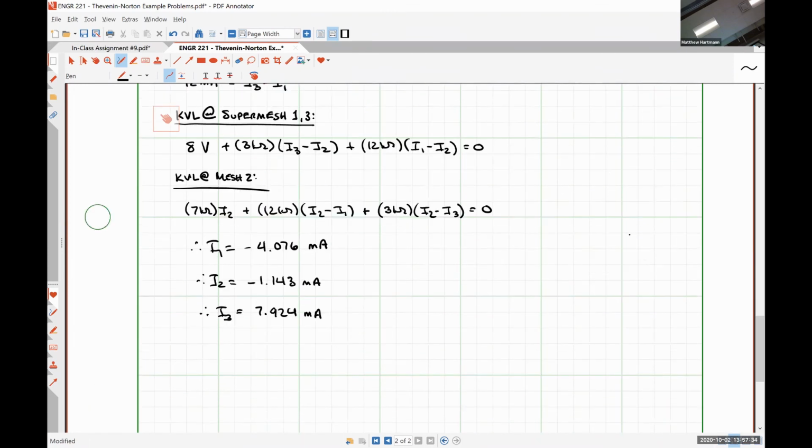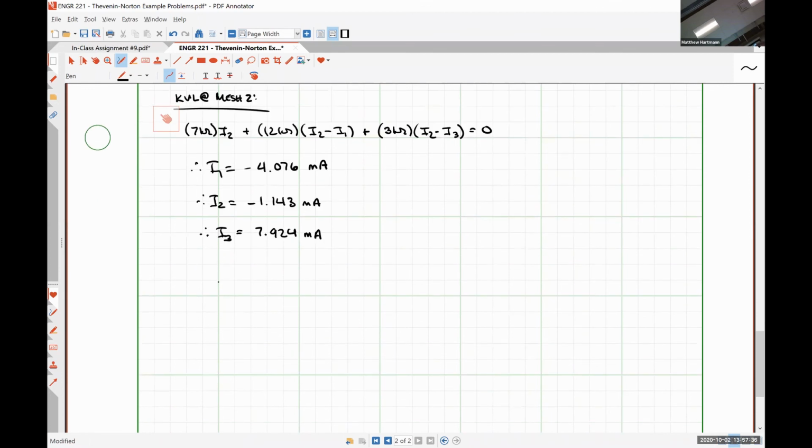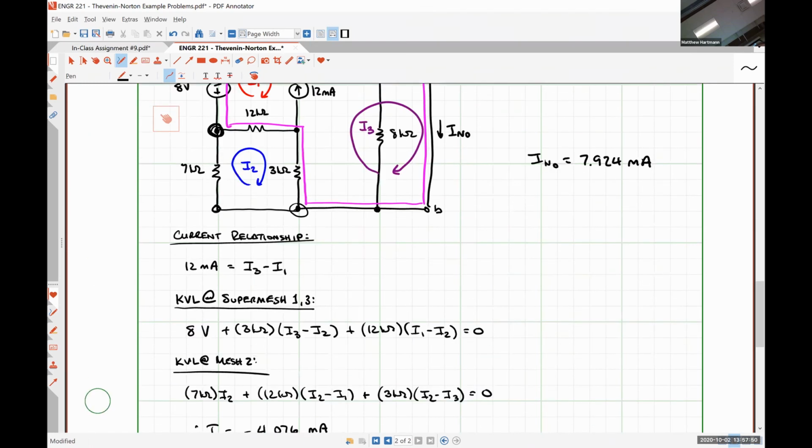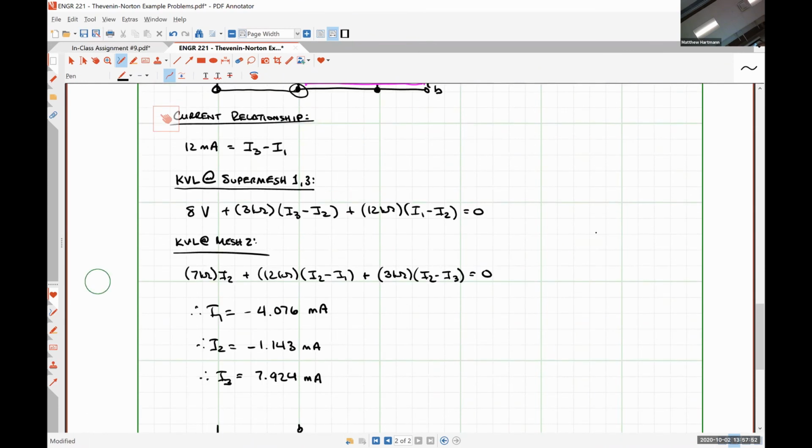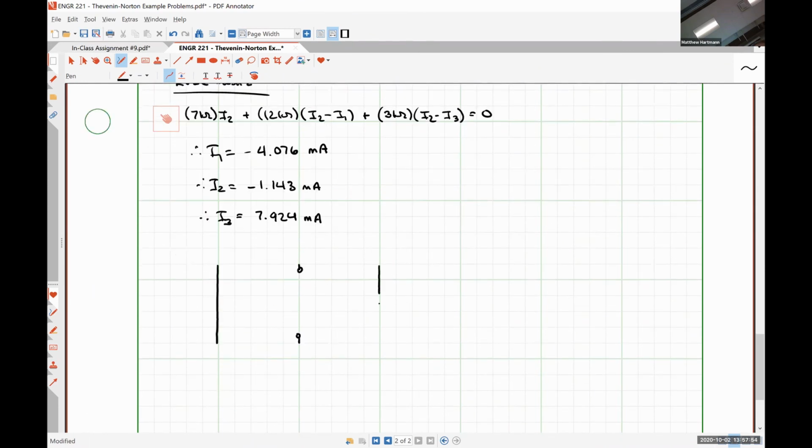So to that end, we turn off our voltage source by replacing it with a short circuit. That's the guy on the left. I've turned off my current source by replacing it with an open circuit. And here's our 8 kilo ohm resistor.